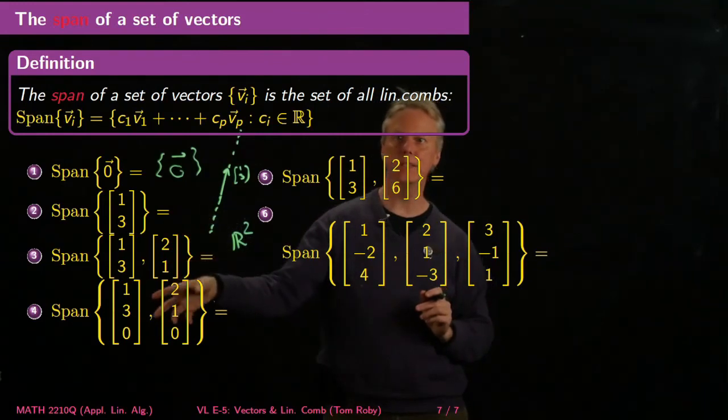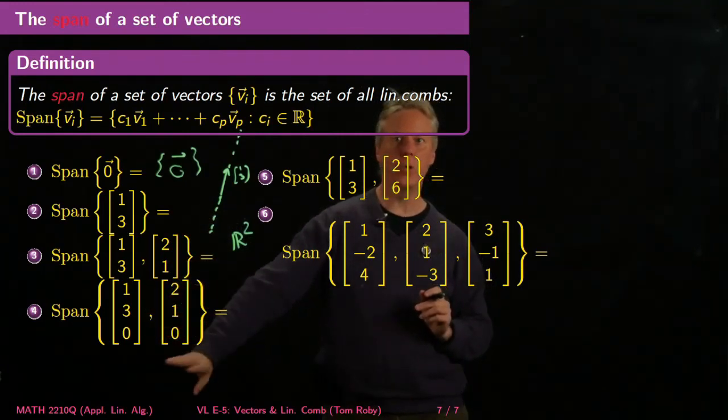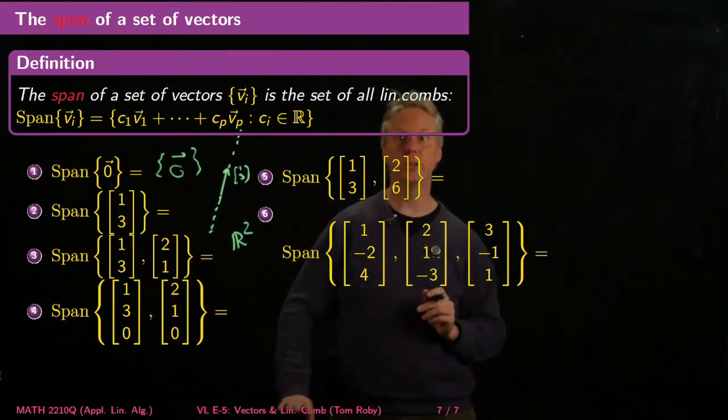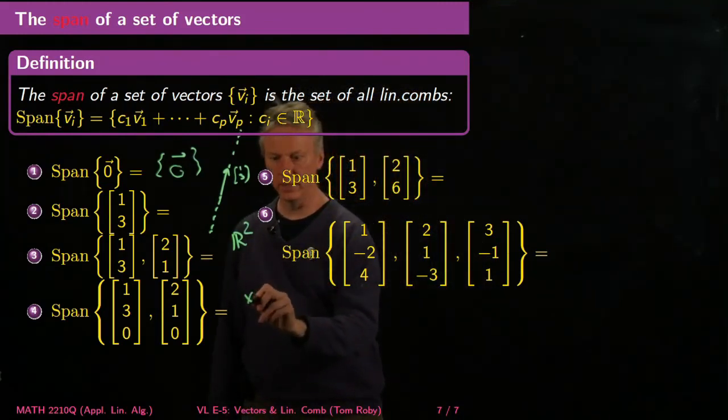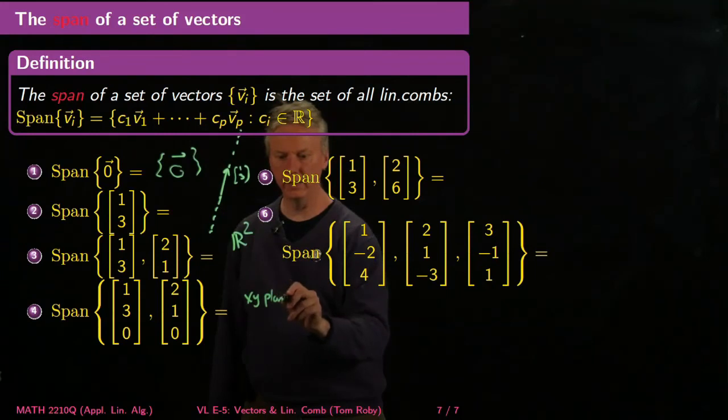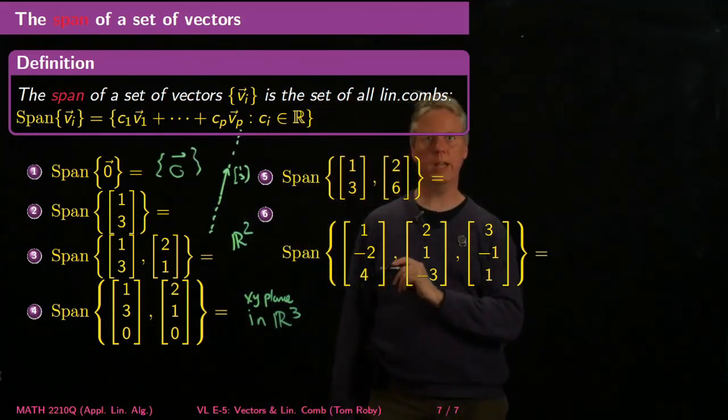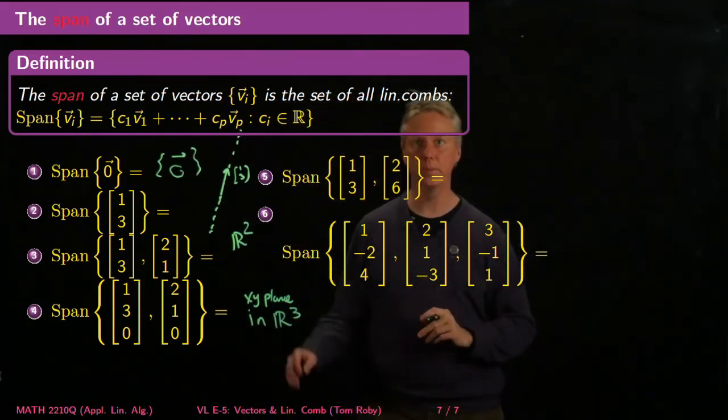So what that means is that the z coordinate is always 0, and what you're really just getting is, I guess I would call this the xy plane in R3. Okay, everything whose z coordinate is 0.